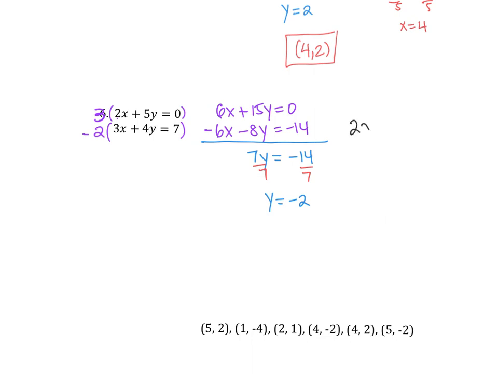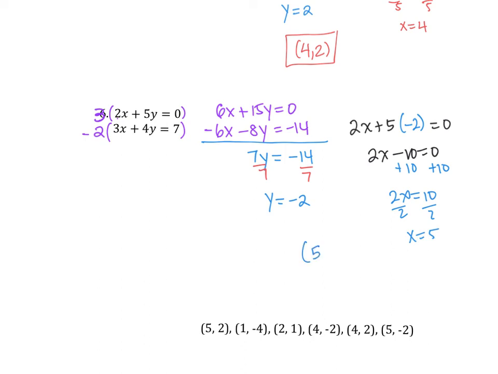I'm going to put it in the first one. 2x plus 5y equals 0. So 2x minus 10 equals 0. Then make sure you write your answer as an ordered pair. 5, negative 2 is my final answer.